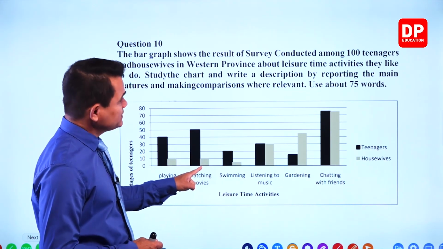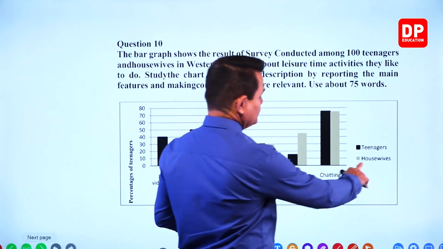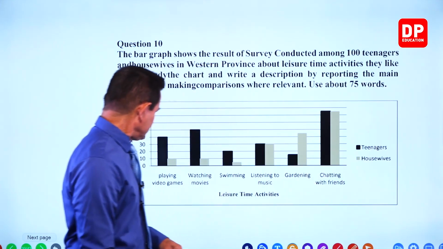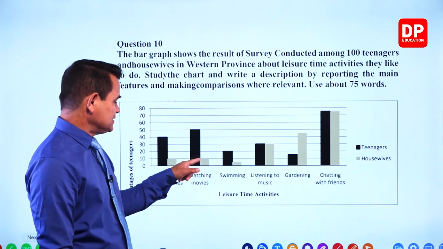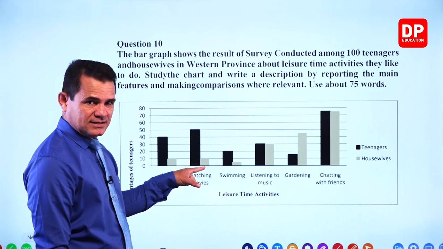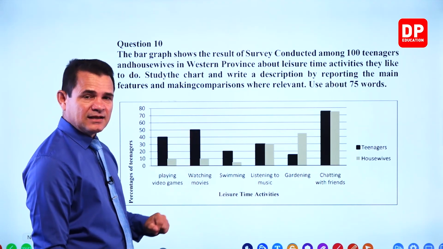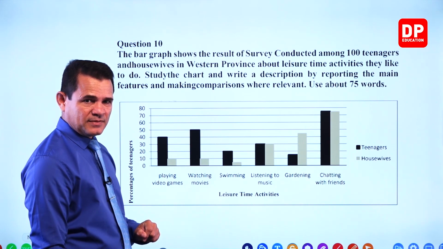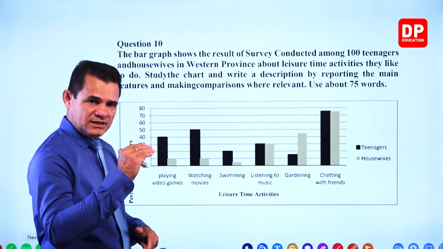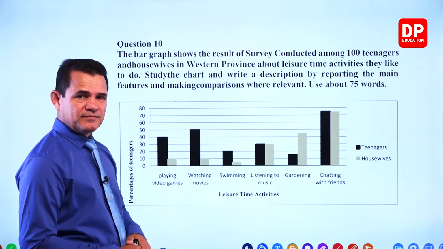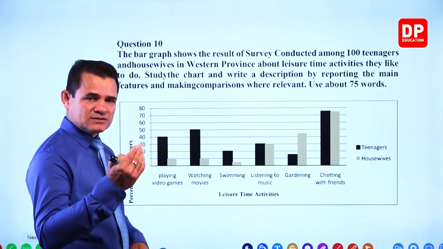While watching this one, that is housewives, teenagers 50%, housewives less than or nearly 10%. Exactly, අන්න ඒ වගේ වචනයක් use කරන්න පුළුවන්. Half of, නිකම් 50% කියන්නේ භාගයක් කියන්න පුළුවන්. Half of the. 50% means half, no.